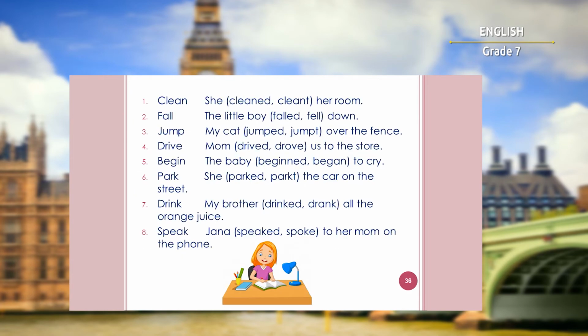And this is the last exercise for you, and here your task is to choose the right form of the given verb. Is it regular or irregular? I'll give you 1 minute for this task.